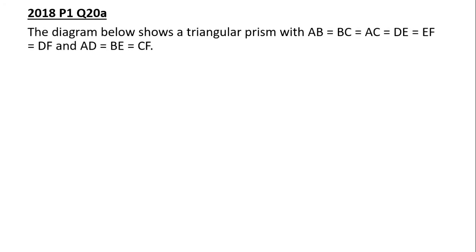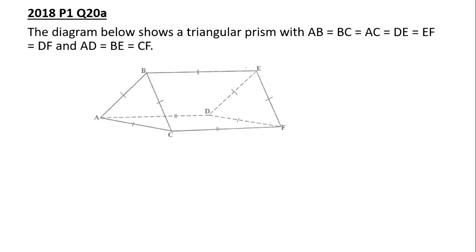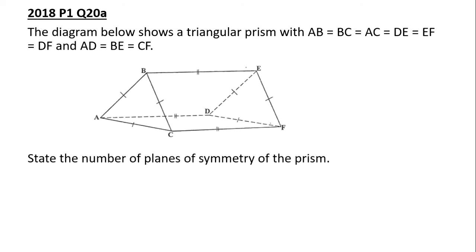2018. The diagram below shows a triangular prism with AB equal to BC equal to AC equal to DE equal to EF equal to DF, and AD equal to BE equal to CF. State the number of planes of symmetry of the prism. Now, this prism has triangular faces which are equilateral triangles.